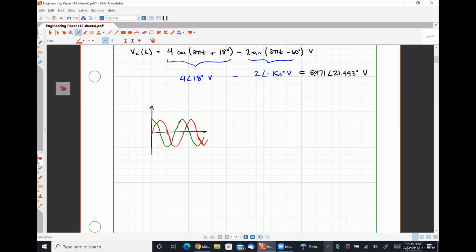The amount of time shift that we experience here, let's call that delta t.